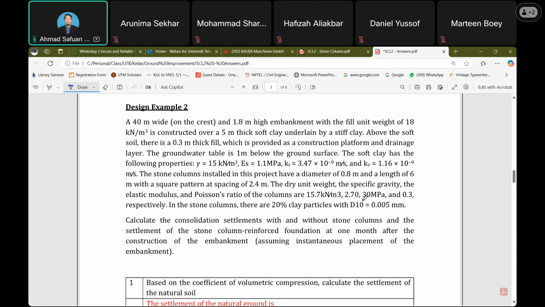The dry unit weight, specific gravity, elastic modulus and Poisson ratio are given there. In the stone column, there are 20% clay particles with D 0.005 millimeter.